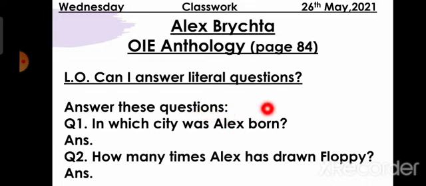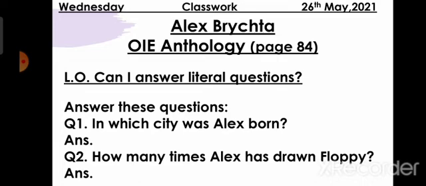Alex was born. Then you will write the name of the place. And as you know, the names of specific places are proper nouns, and proper nouns begin with a capital letter, so you will begin the name of the place where Alex was born with a capital letter. Okay.